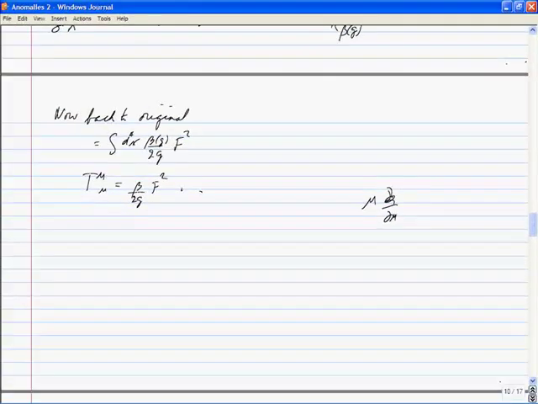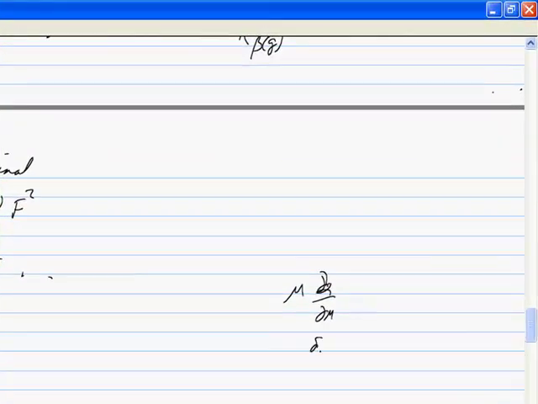So the dimensionless thing would be, if delta mu is delta lambda times mu, then this turns into variation with respect to lambda.